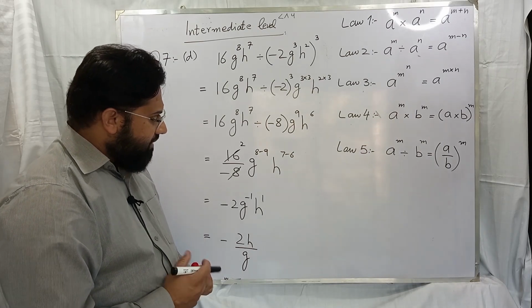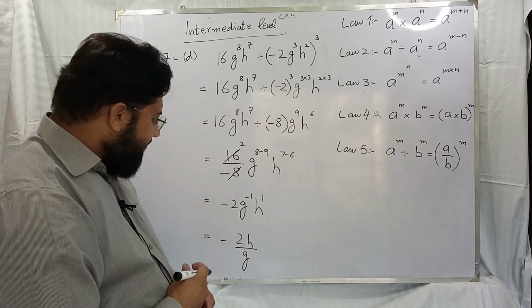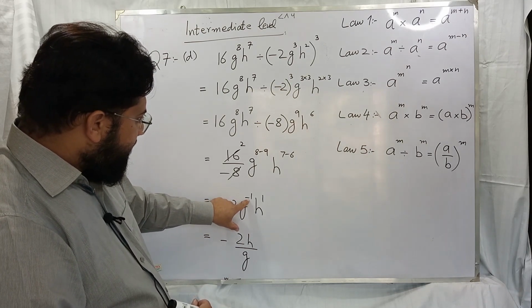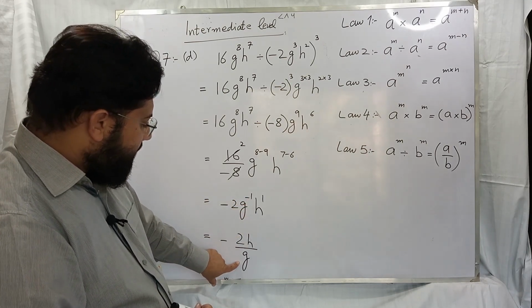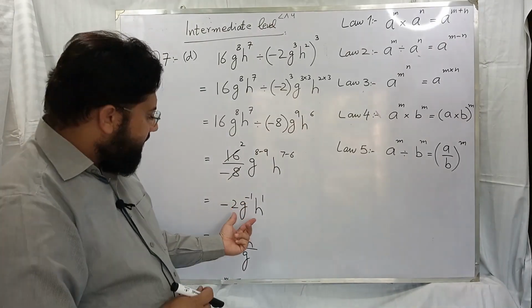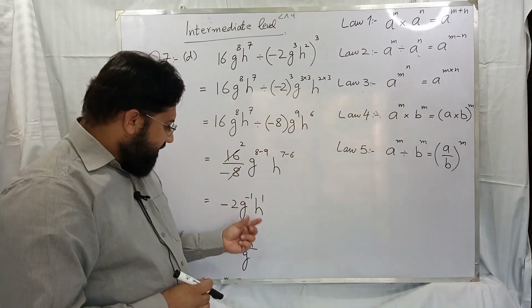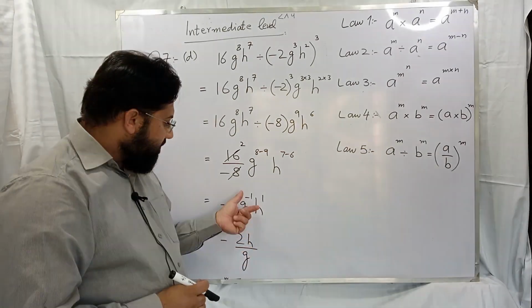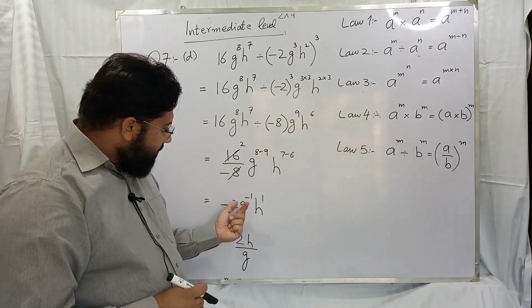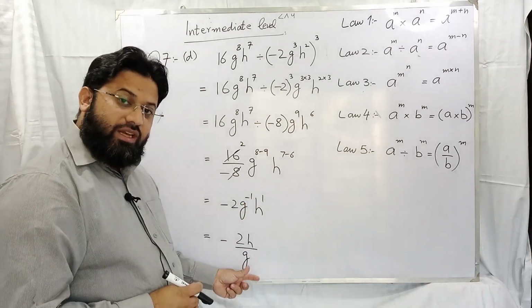We will see in the next exercise that if there is a negative value in the numerator, it can be shifted to the denominator. Once we shift it to the denominator, it will become positive. So g minus 1 will become g plus 1 in the denominator.